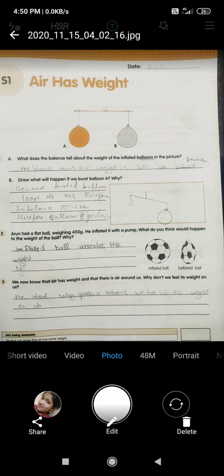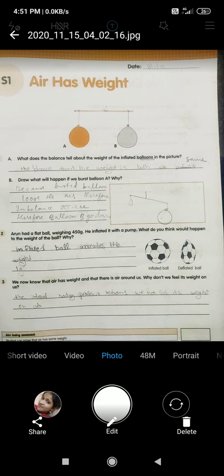Fluids, for example, blood. Whatever fluid we have inside our body also has some pressure. It will push the air weight. So the air weight and the fluid pressure both become equal. That's why we are balanced, right?